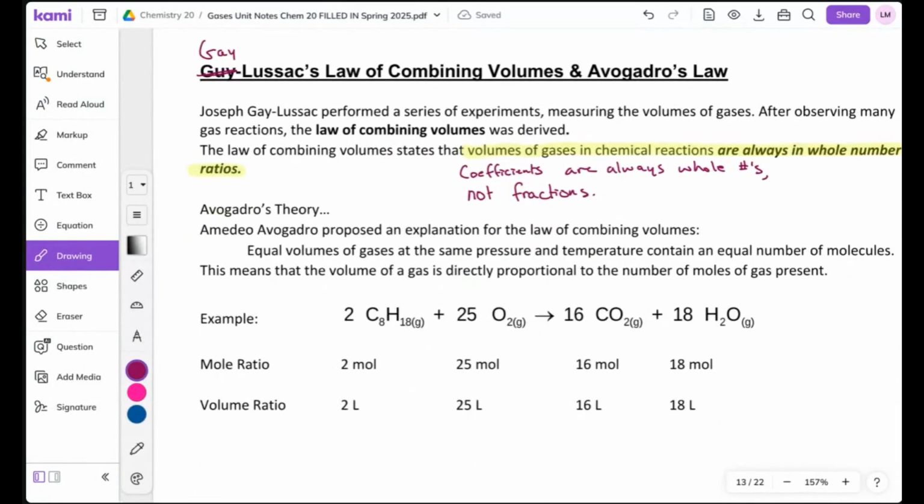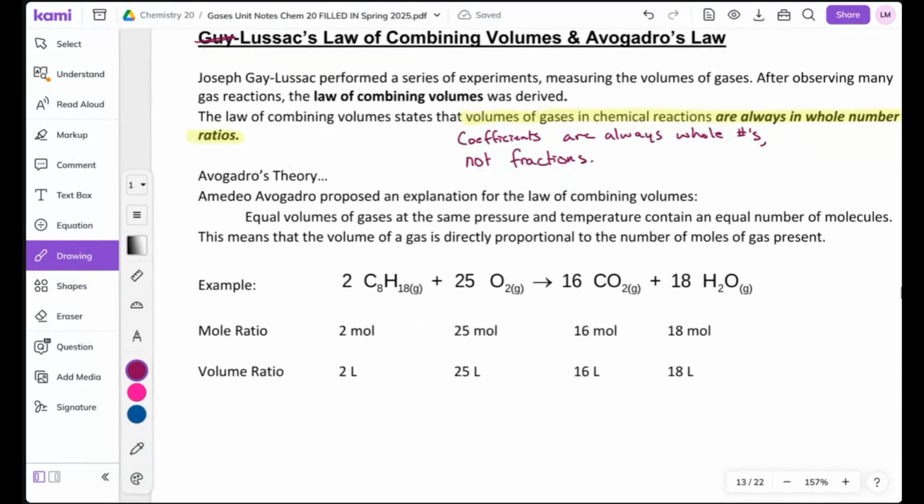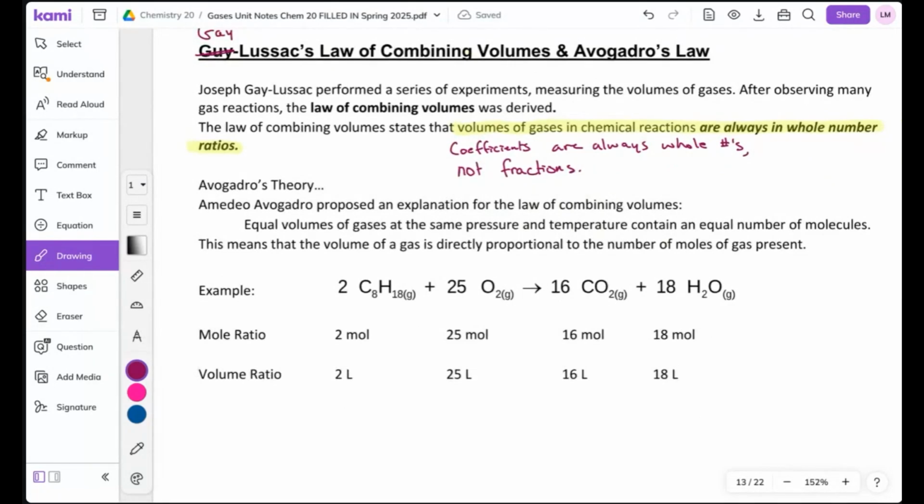Now, with Avogadro's theory, he proposed an explanation for the law of combining volumes, and what he said was equal volumes of gases at the same pressure and temperature contain an equal number of moles. So what this means is that the volume of gas is directly proportional to the number of moles of a gas present.